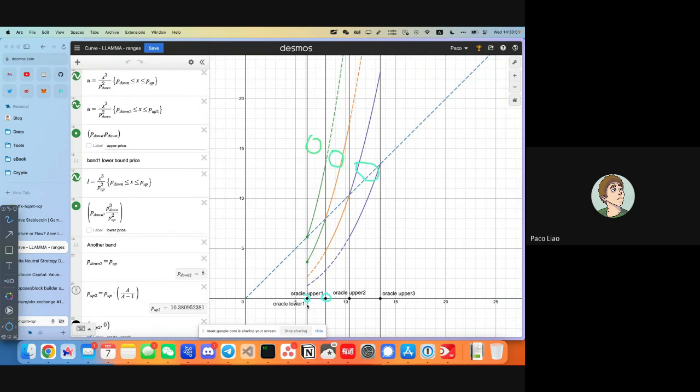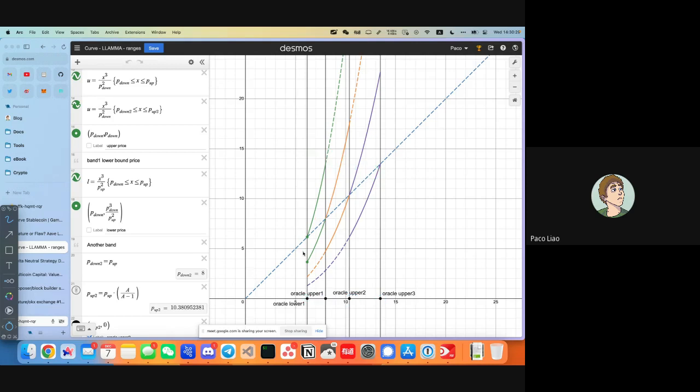So this is P down in band 1 and P up in band 1. This is also the P down in band 2 and P up in band 2, and P down in band 3, P up in band 3. And these green, orange, and purple lines are the range prices in the pool.